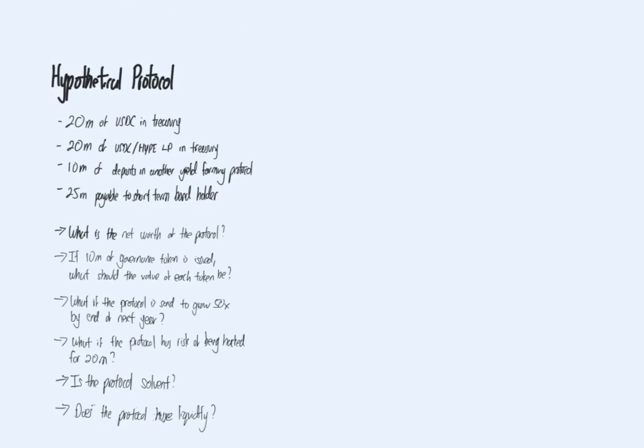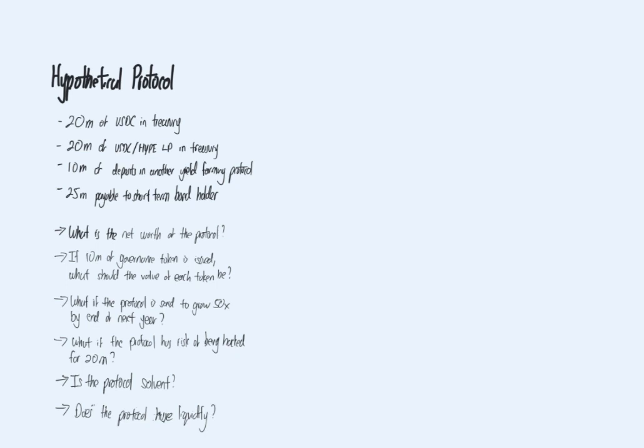In this protocol, there is $20 million worth of USDC held in its treasury, alongside $20 million worth of USDC-HYPE LP token held in the treasury. In addition, it also has $10 million worth of deposits in another yield farming protocol. In addition, it has $25 million that is payable to short-term bond holders of the protocol.